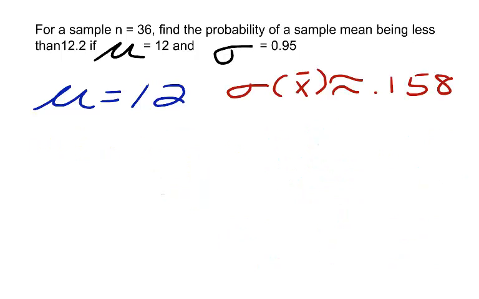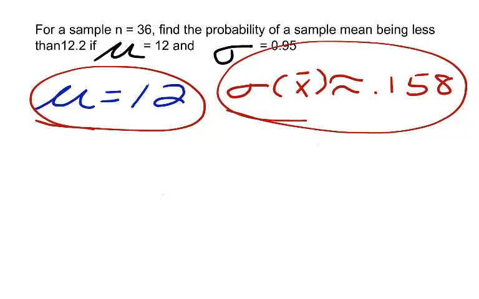Now that we've identified our population mean and our standard error, we're ready to determine the probability of a sample mean being less than 12.2 if our population mean is 12 and our population standard deviation is 0.95. What we need to do is take our population mean and our standard error and plug that into a formula for z.